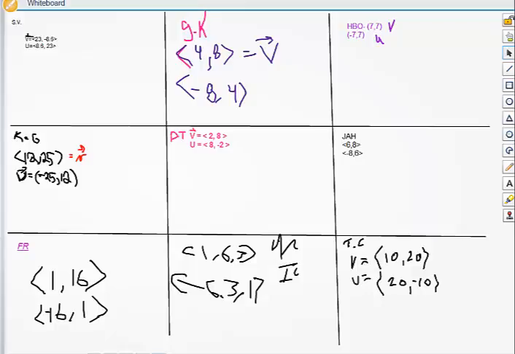Okay, now I want you to write a vector w that is collinear to u, the one you just wrote. Collinear to u.